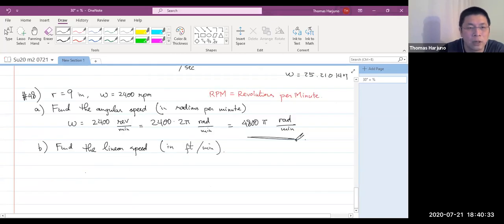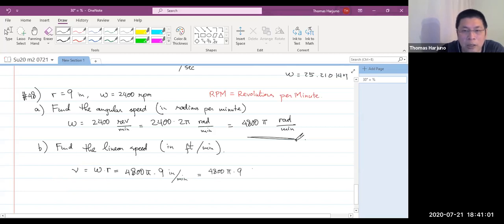Now the linear speed, the velocity, equals omega times r. Right, so that's 4,800 pi times 9 inches per minute. Now the thing is, we actually want that in feet. So 4,800 pi times 9 is inches per minute.